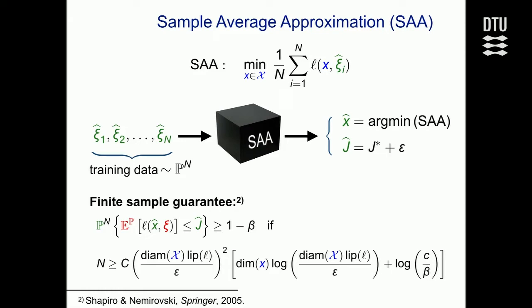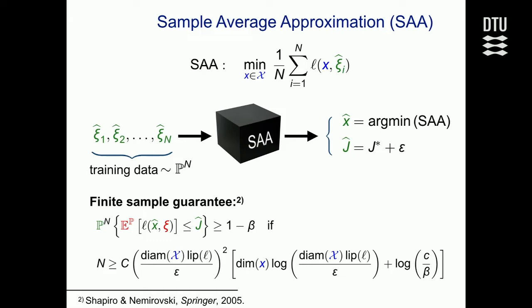So people have proved, specifically Alex Shapiro and Arkadi Nemirovski have proved that if the number of training samples exceeds an expression that looks like this, then if you solve the SAA problem, the globally optimal solution of the SAA problem will be an epsilon suboptimal solution of the true problem with probability 1 minus beta. That's a very nice guarantee, right?